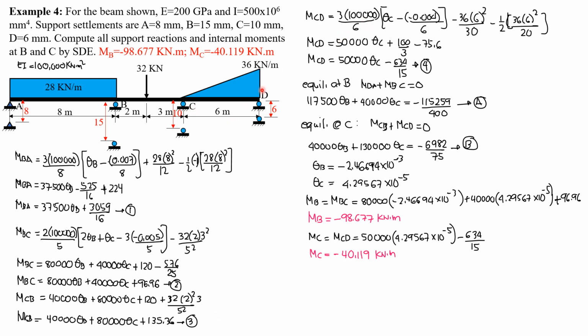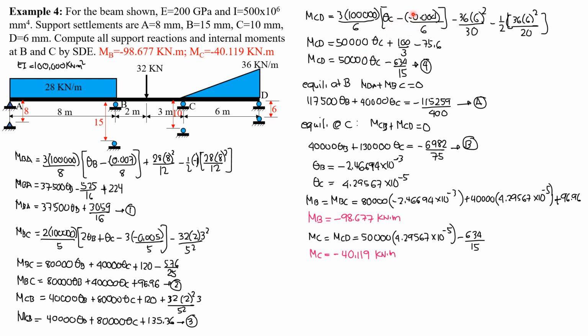Finally, MCD, again, D has zero moment, so it goes back to 3EI, 3 times 100,000 over L, 6. Theta near is theta C minus delta over L. Again, delta, because the chord CD rotates counterclockwise, which is 4 mm or 0.004 meter, is treated negative.